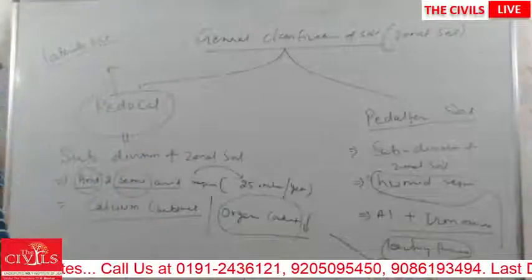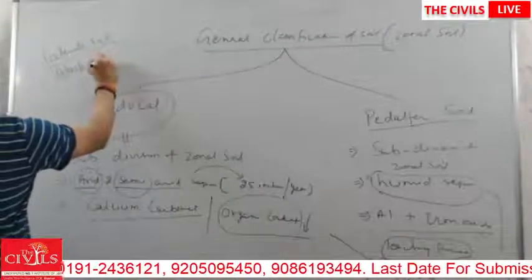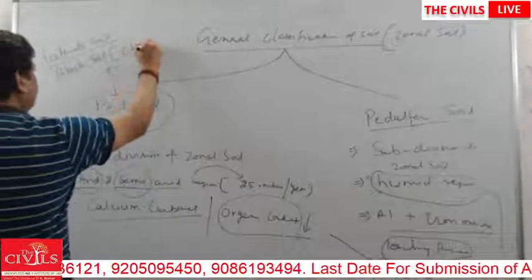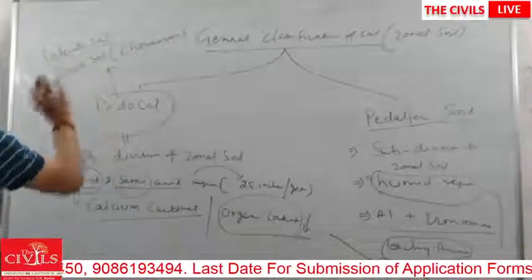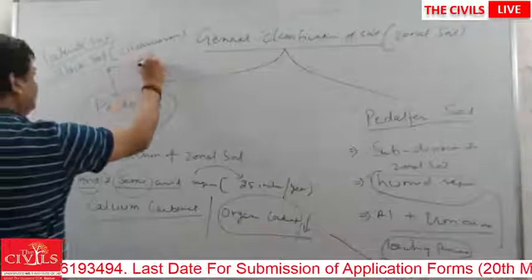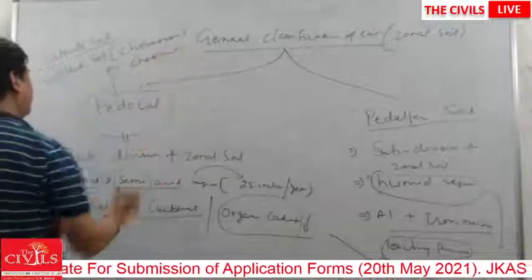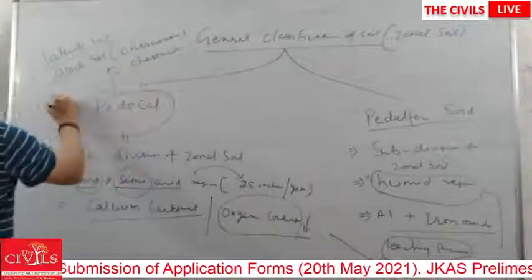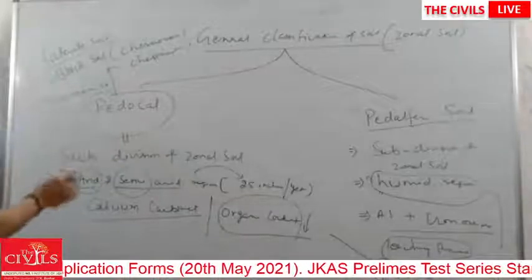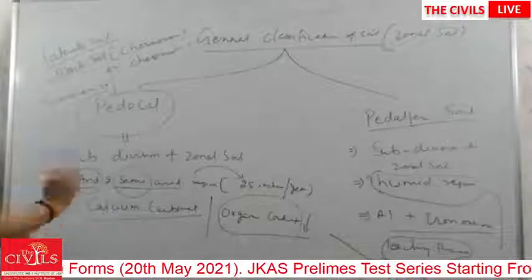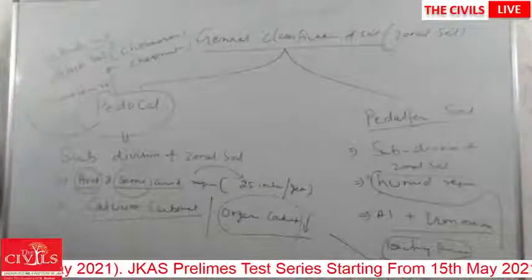Black soil is known as chernozem soil. These are the soils of the peduncle group.